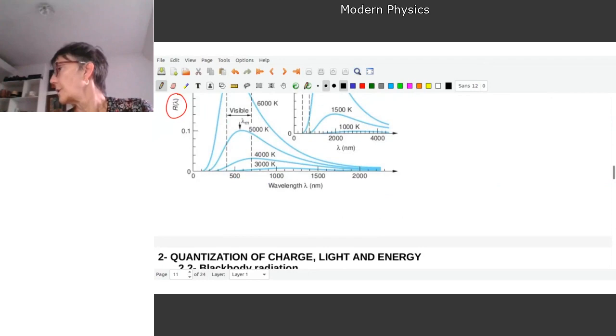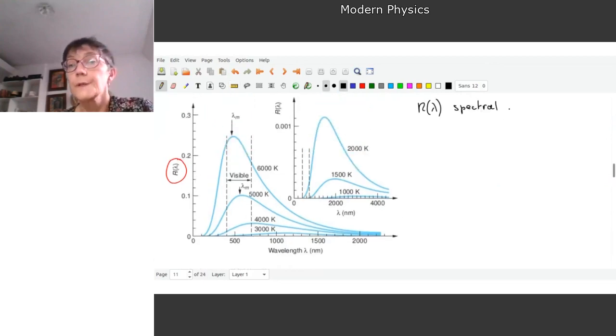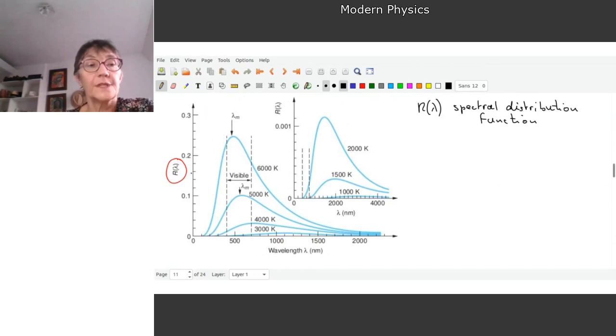I forgot to annotate this. On the x-axis you have the wavelength, here in nanometers. There is no unit on the y-axis, this is normalized. This is a spectral distribution function.